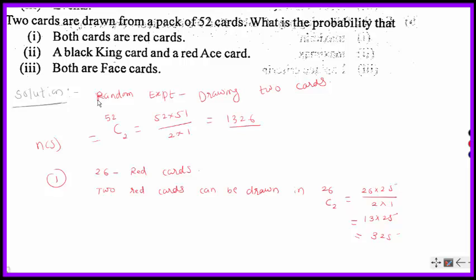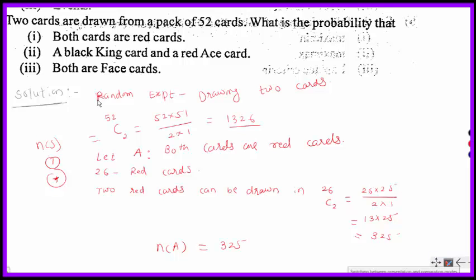Now let A be the event that, what is your event A? Let A be the event that both cards are red cards. So how many different ways can this event A happen? Therefore N of A is equal to 325.